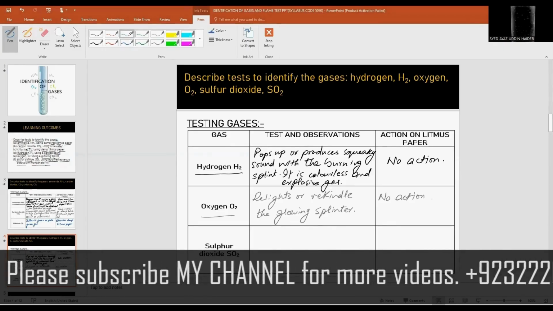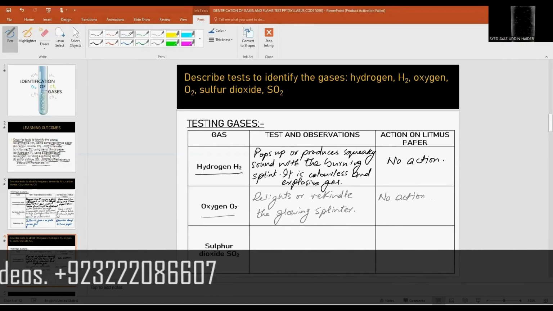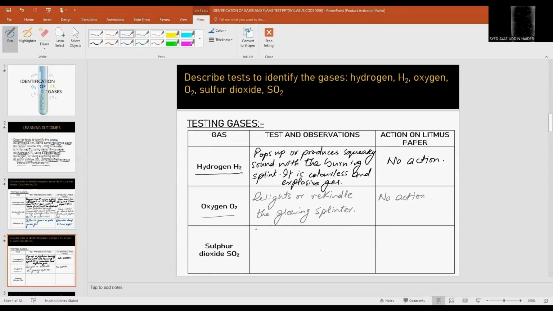Last one is sulfur dioxide. It's also a pungent smell gas, which turns acidified aqueous potassium manganate(VII) from purple to colorless.